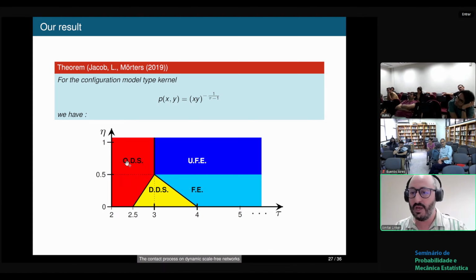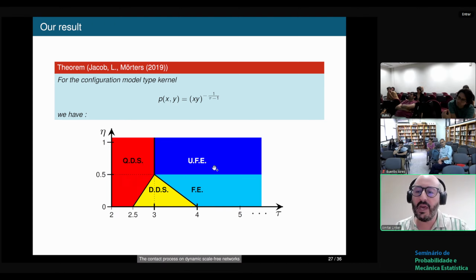So you just directly infect other stars in a time of order 1. However, in this triangle here, what we show is that there is delayed direct spreading. Above 3, you need to wait for some time. However, in this region over here, both of these strategies are available at the same time, but delayed direct spreading is optimal.